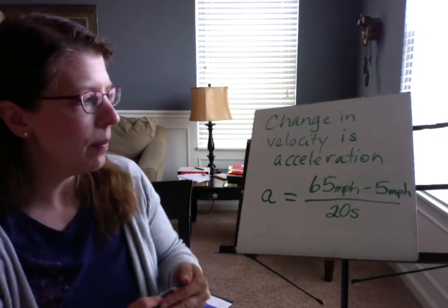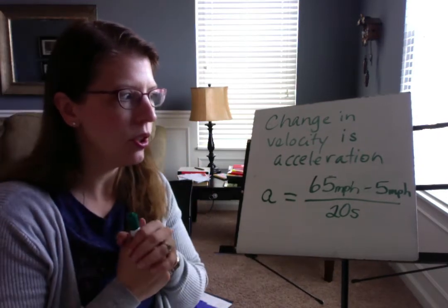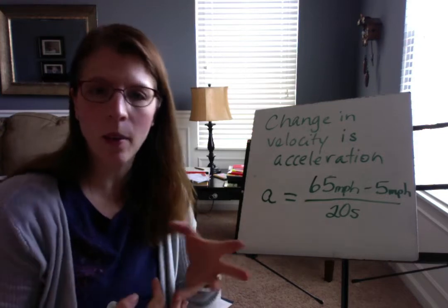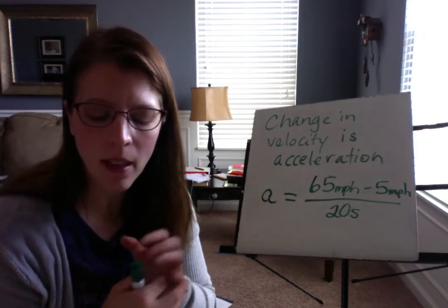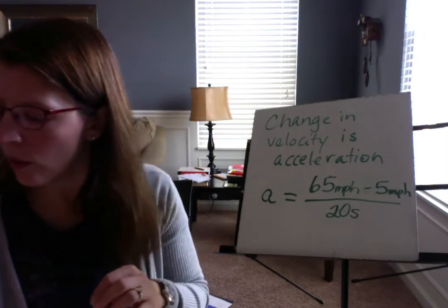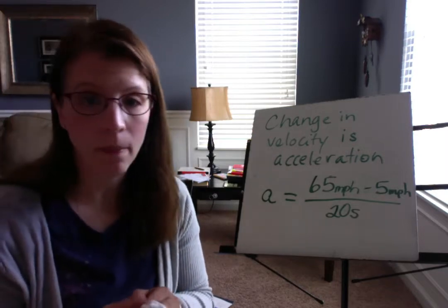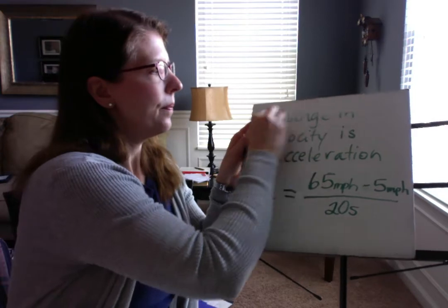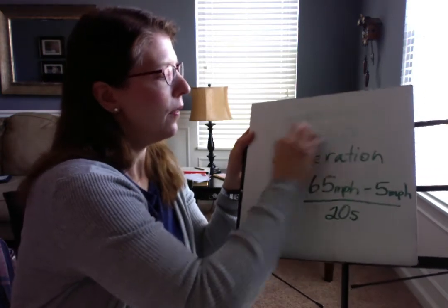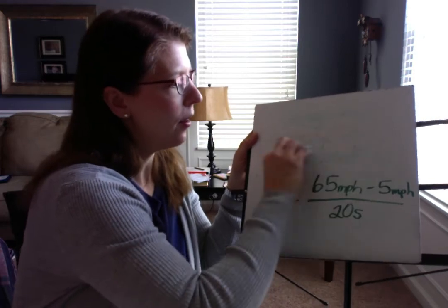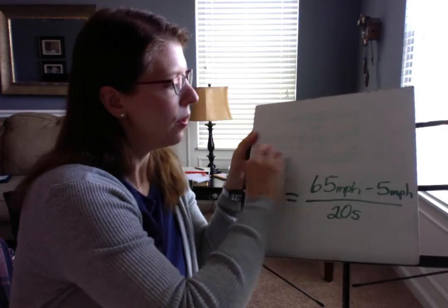Now, we might be tempted to say, okay, 60 divided by 20, that's 3. So my acceleration was 3. Well, we would be completely forgetting about units.